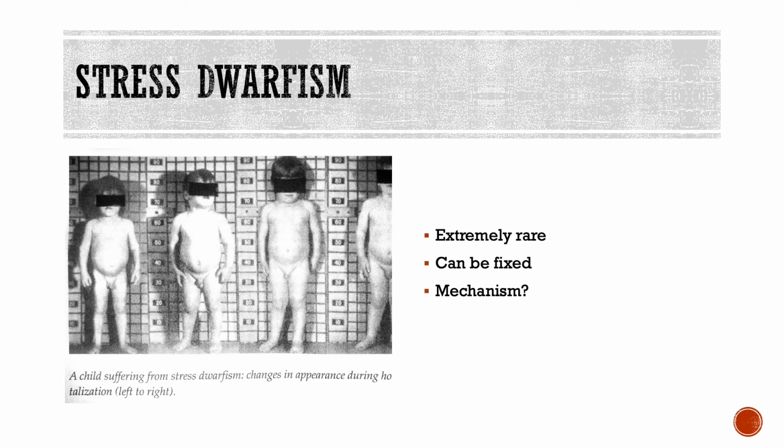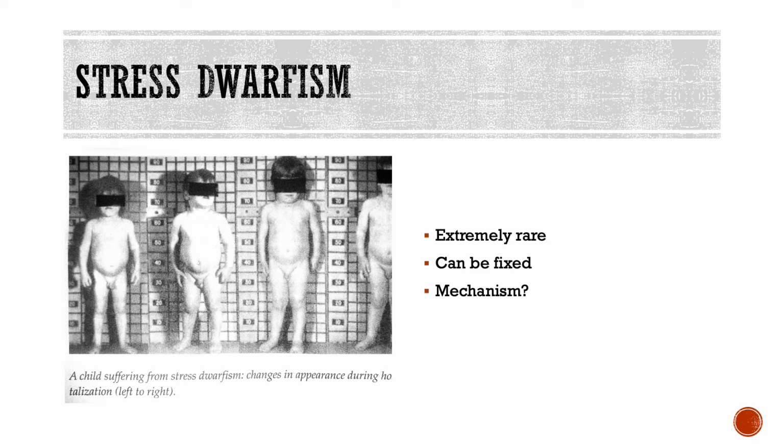So the mechanism behind stress dwarfism is pretty simple. It involves low levels of growth hormone in circulation. But why? Normally, growth hormone is secreted by the pituitary gland, which is regulated by the hypothalamus. We all know the hypothalamus is in our brains, and it controls growth hormone in either a negative or positive feedback loop.